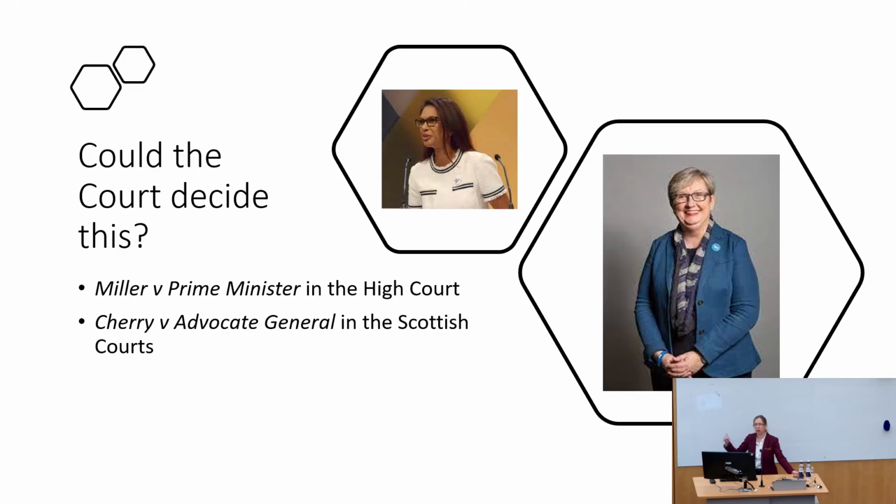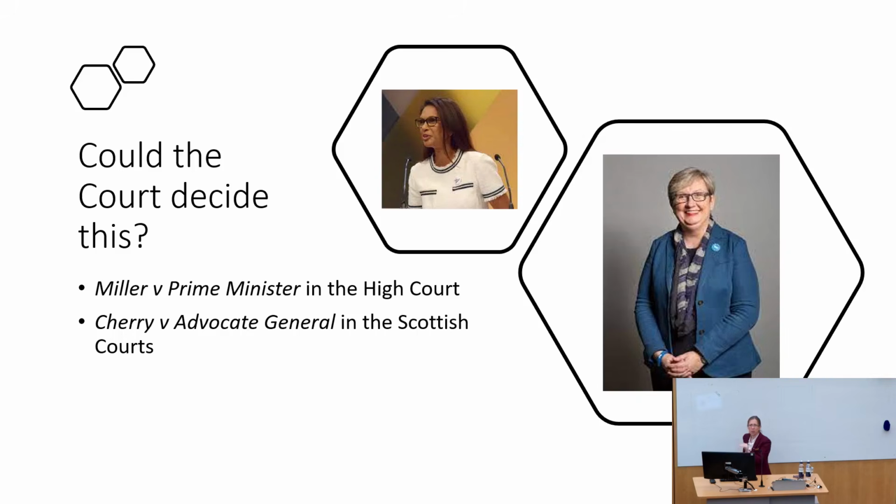So Gina Miller lost. Meanwhile, in Scotland, Joanna Cherry brought a similar case, and she brought it against the Advocate General for Scotland through the Scottish courts. And she also lost at first instance, but then she went on appeal in Scotland, and she won her appeal.